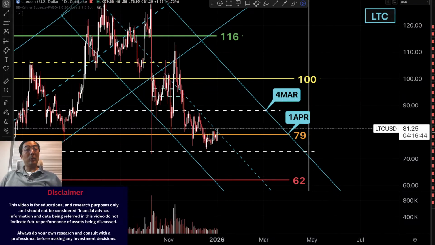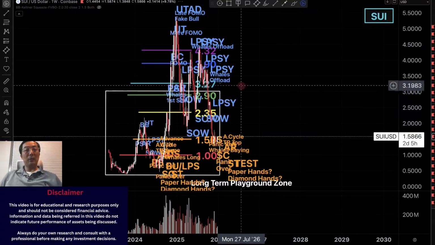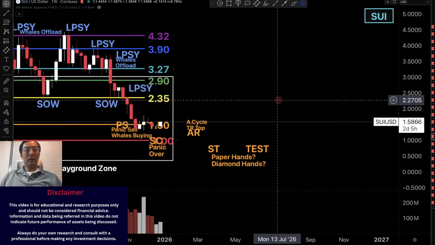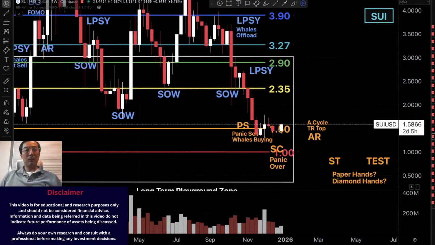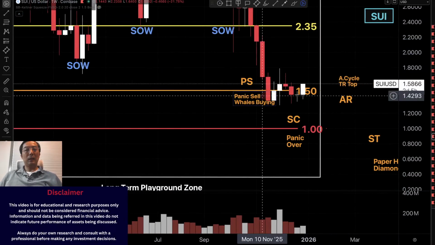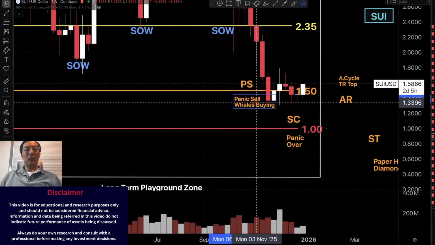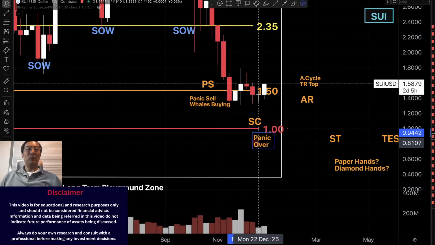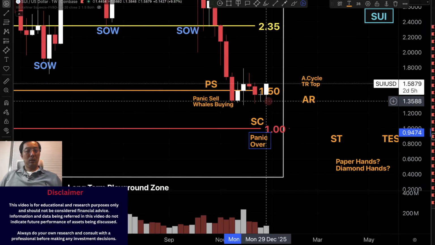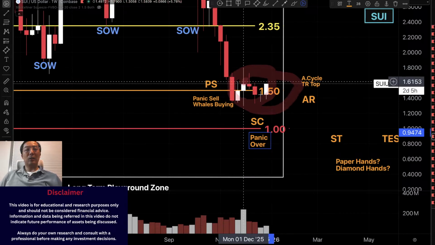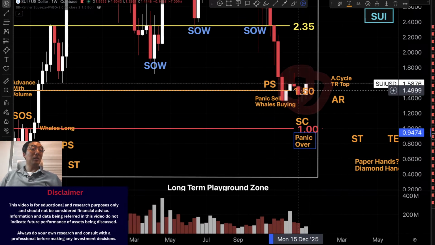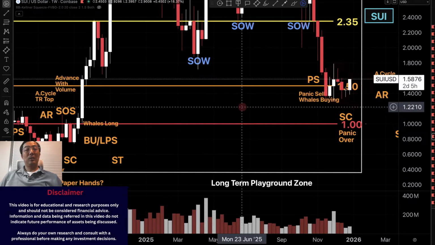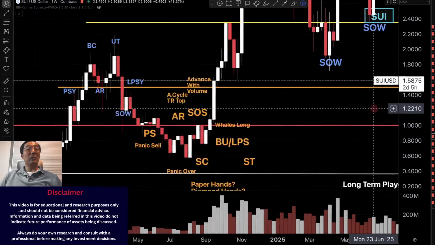After Litecoin, we've got Sweet. For Sweet, again, it's somewhere around the panic selling stage where whales starting to buy and the panic over stage. Somewhere between those two. Looking at these chunks of candles, sometimes during the PS stage, the preliminary support stage, that's very common.